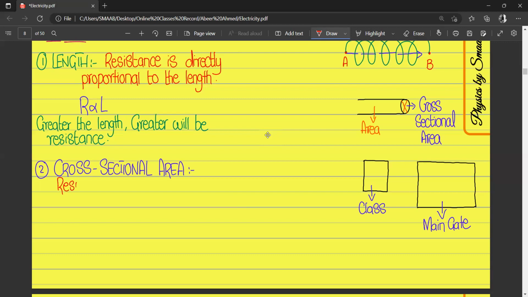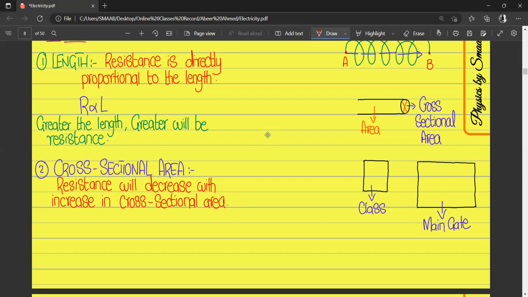So we can write: resistance will decrease with an increase in cross sectional area, right?